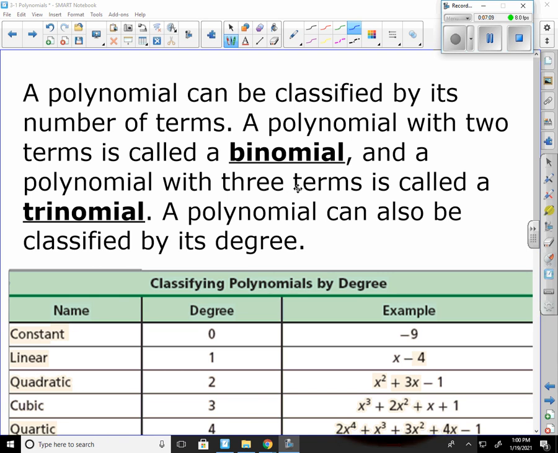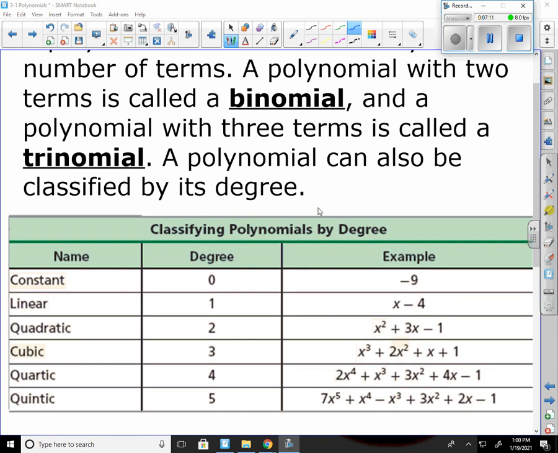So if we're classifying them by degree, if it has a degree of 0, or if it's just a number like -9, then that would be a constant. If it has a degree of 1, like x minus 4, that would be called a linear function.